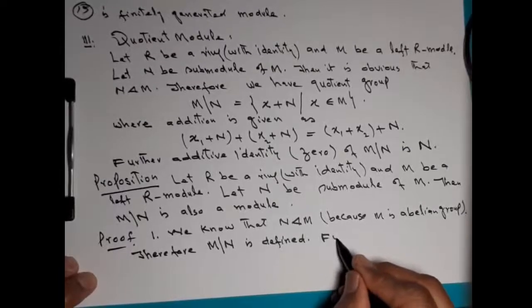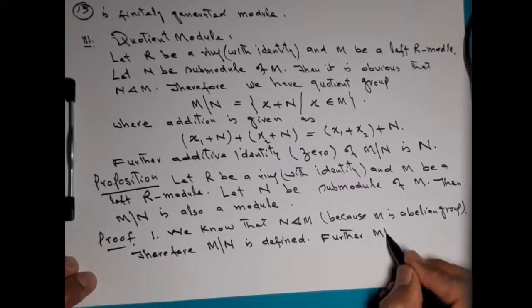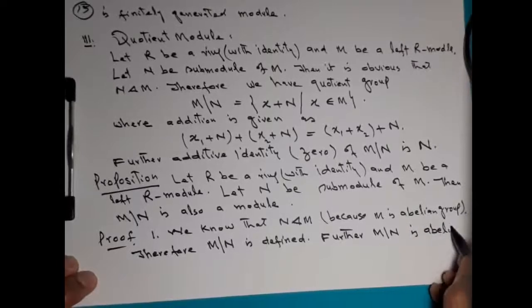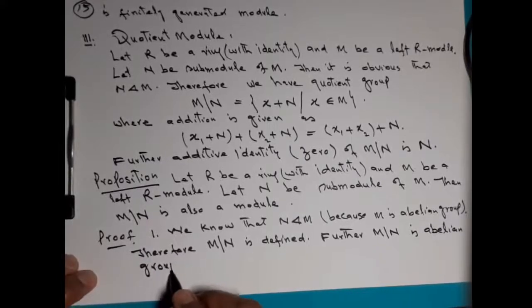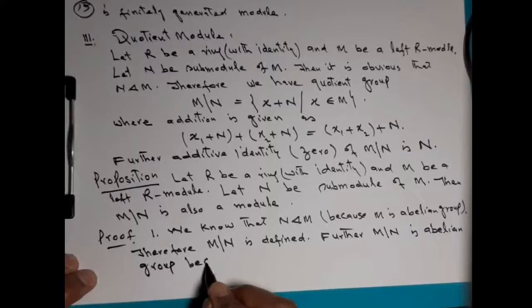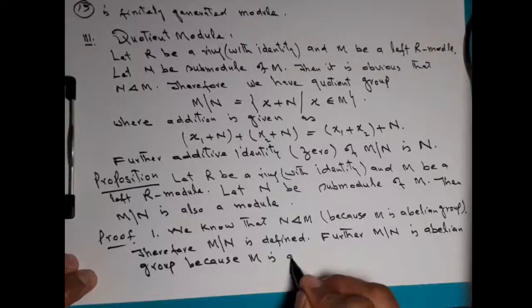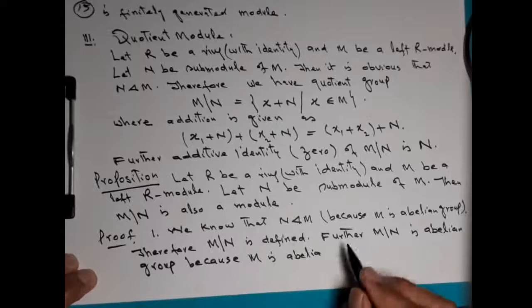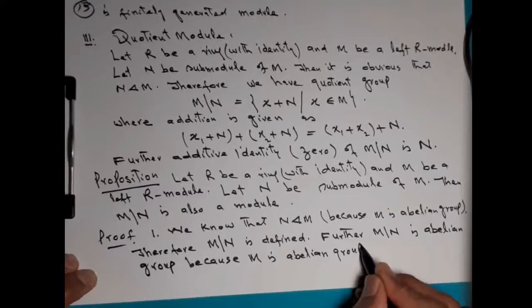Further, M factor N is an abelian group because M is an abelian group. Since M is an abelian group, M factor N is also an abelian group. So our first condition is satisfied very simply.